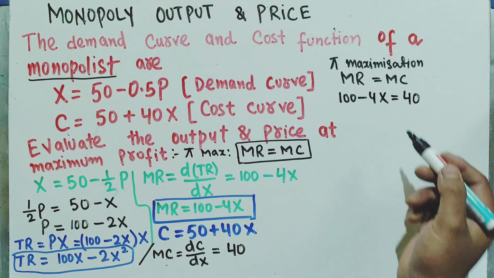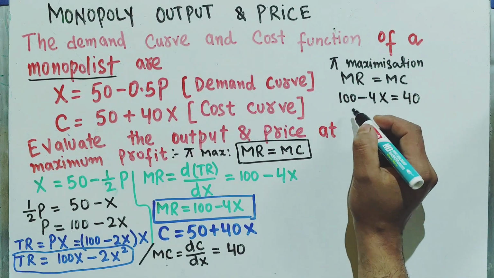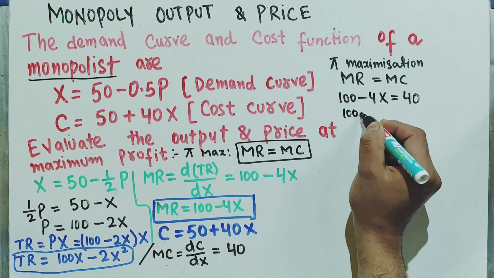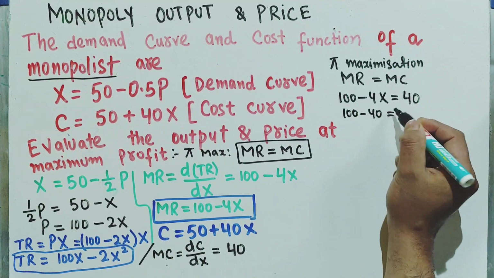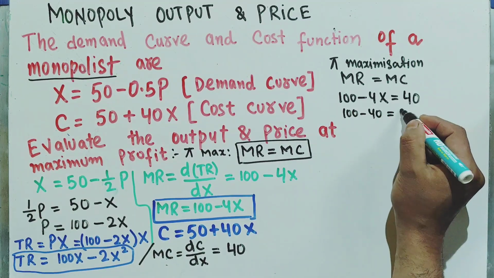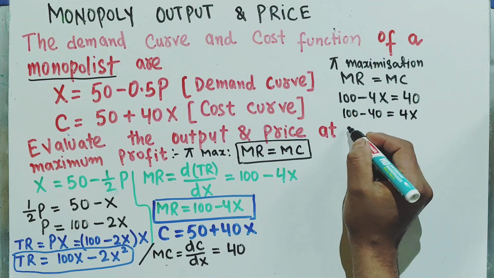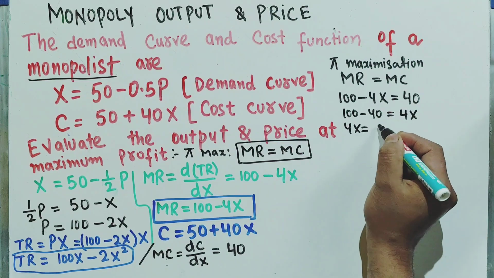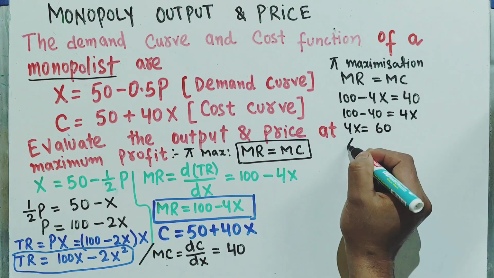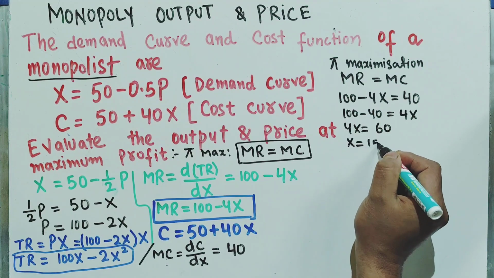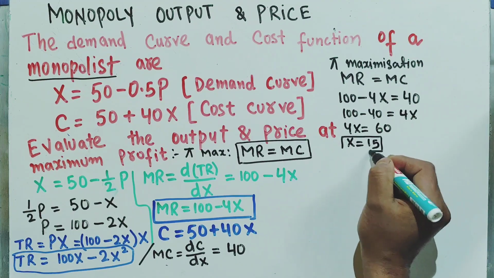Now we solve for x. Transposing, we get 100 minus 40, basic mathematics here. It is 4x, so we will get 4x is equal to 60, or x is equal to 15. So this is our profit maximizing output.